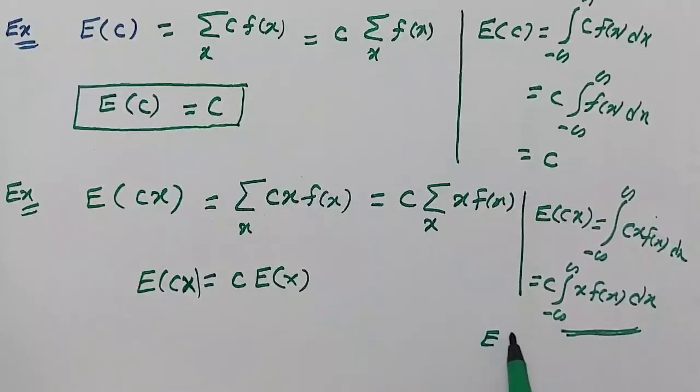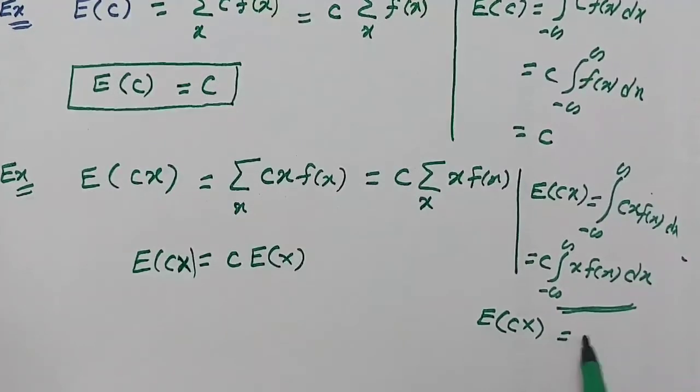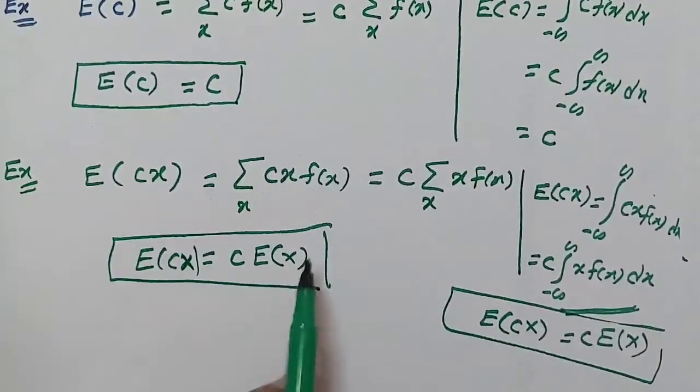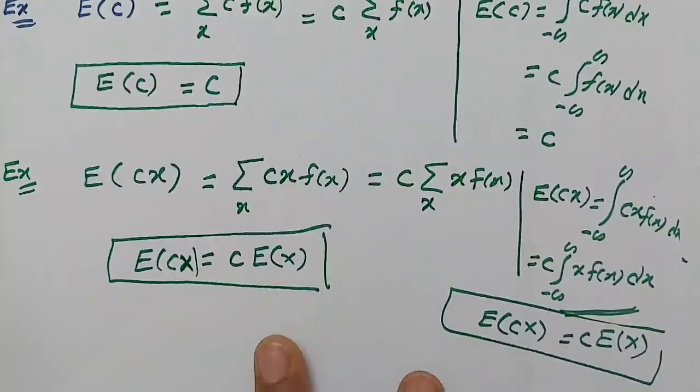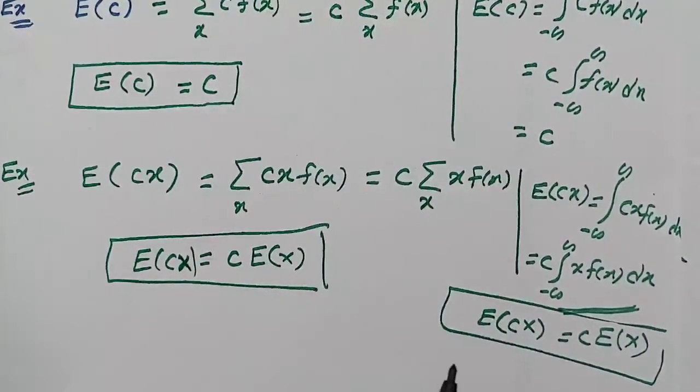That means the expectation of c into x equals c times expectation of x. Hence both answers, discrete as well as continuous, are similar for this term, and from this we can claim that expectation is a linear operator.